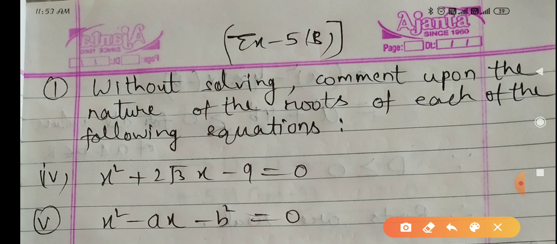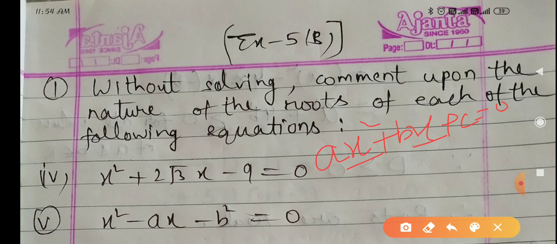You have to tell the nature of the roots of the given quadratic equation. I told you, if ax square plus bx plus c equals 0 is the given quadratic equation where a, b, c are real numbers, then two values of x will come after solving every quadratic equation. Every quadratic equation gives two values of the variable. I told you the reason, because the degree of the quadratic equation is 2, the highest power of the variable is 2.